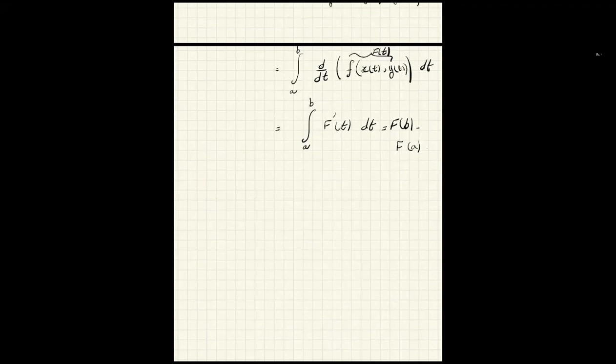That is the function f evaluated at the point r of b minus f evaluated at the point r of a.